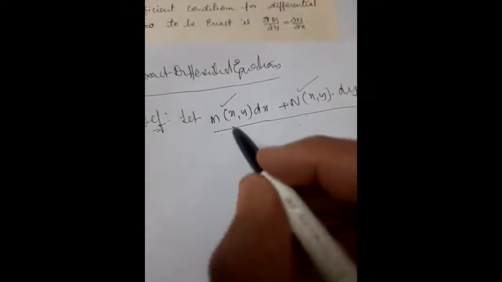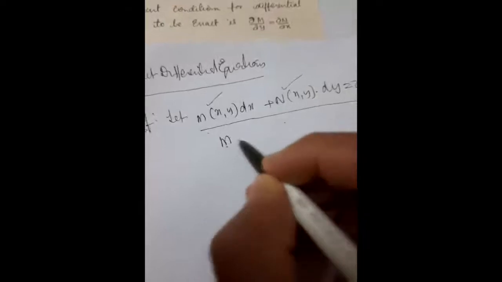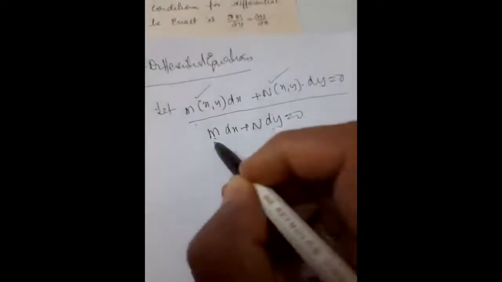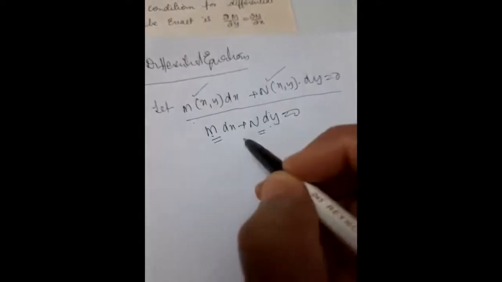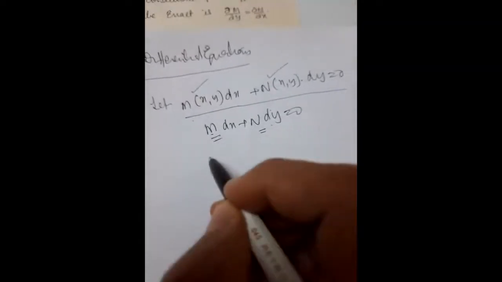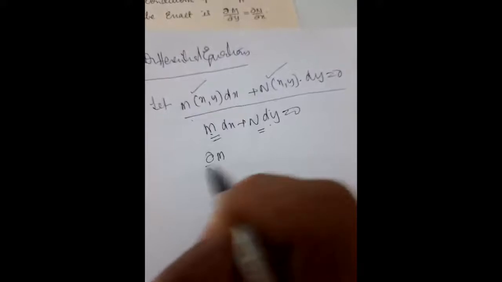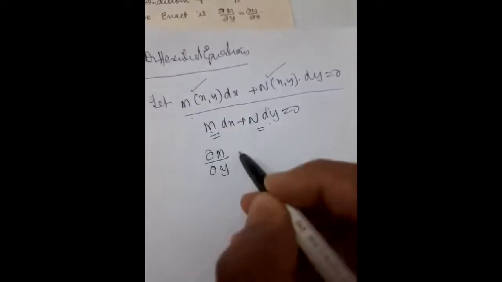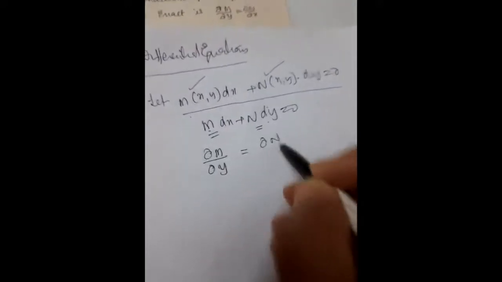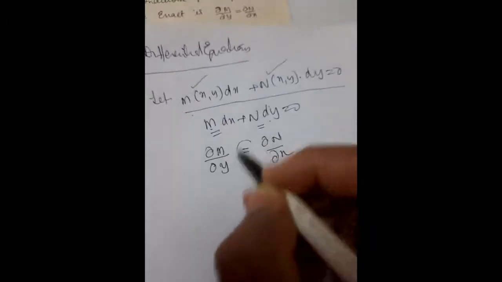Now, the condition for exactness is, suppose this can also be written as M dx plus N dy equal to 0. M is a function of x and y, N is a function of x and y. If you find the partial derivative, dou M by dou y, and you find dou N by dou x, both must be equal.